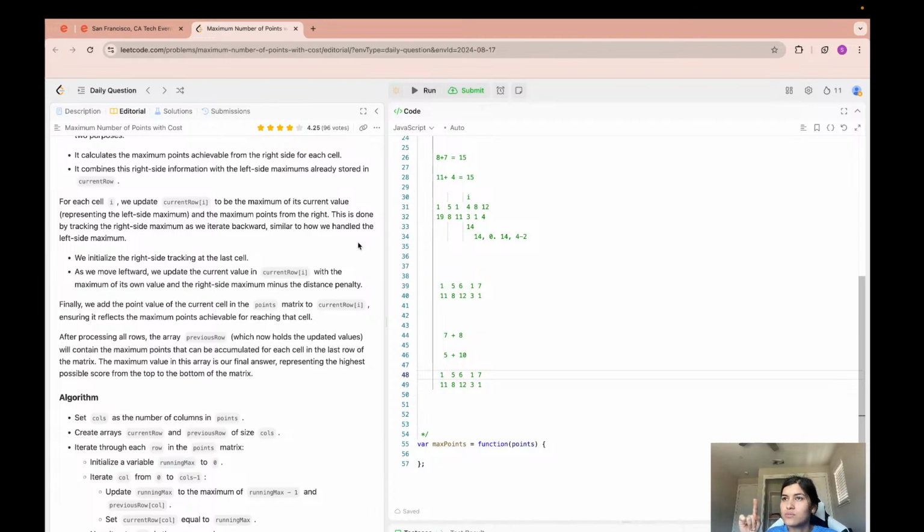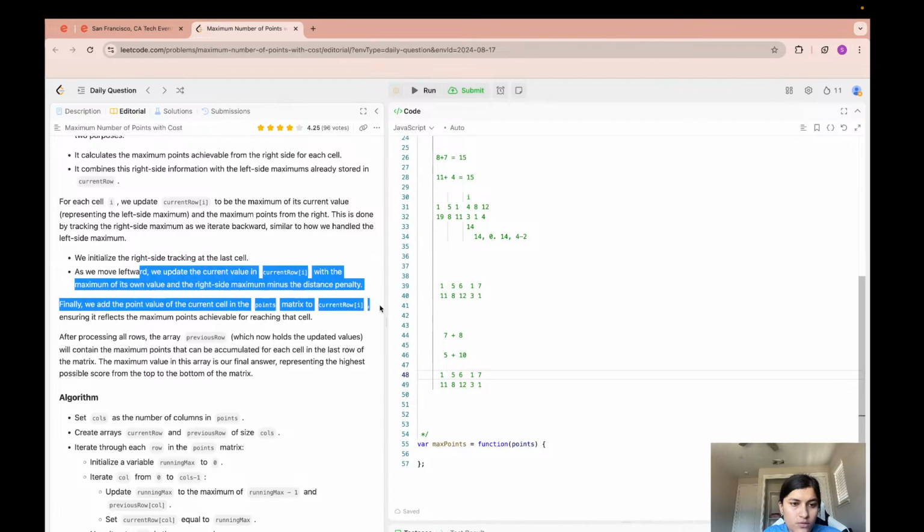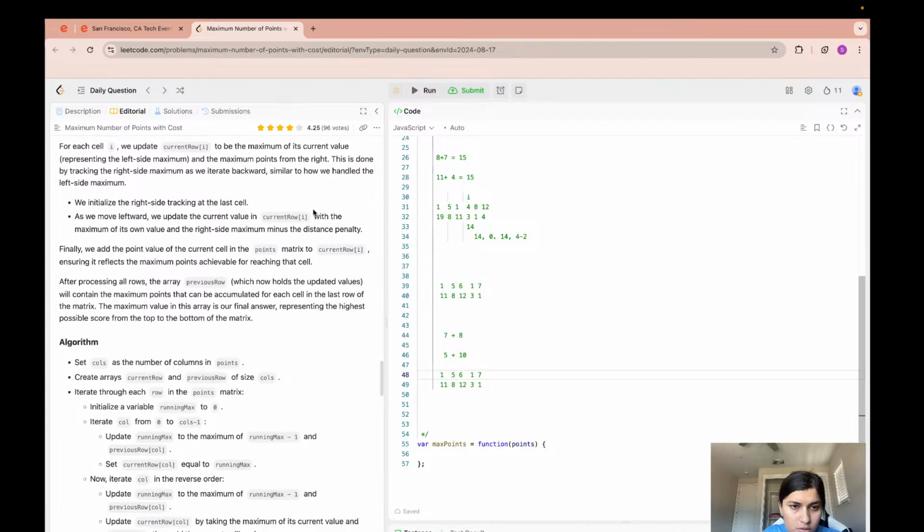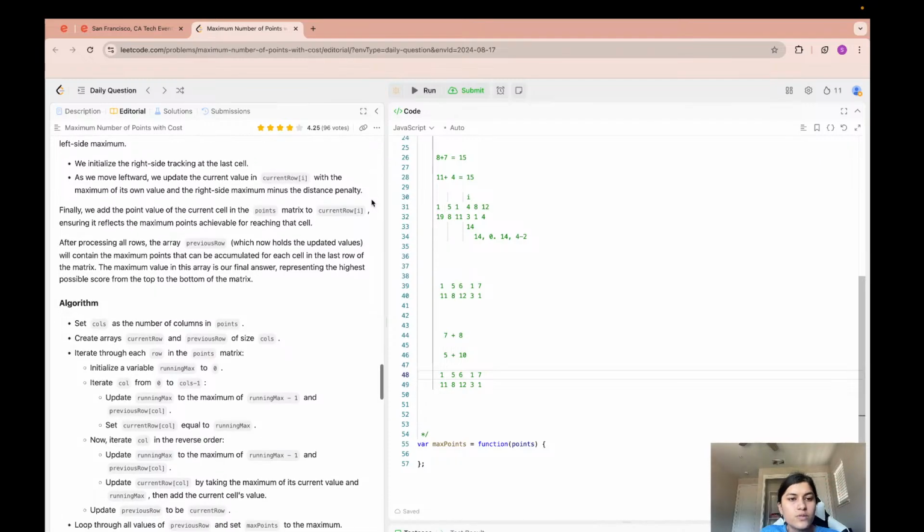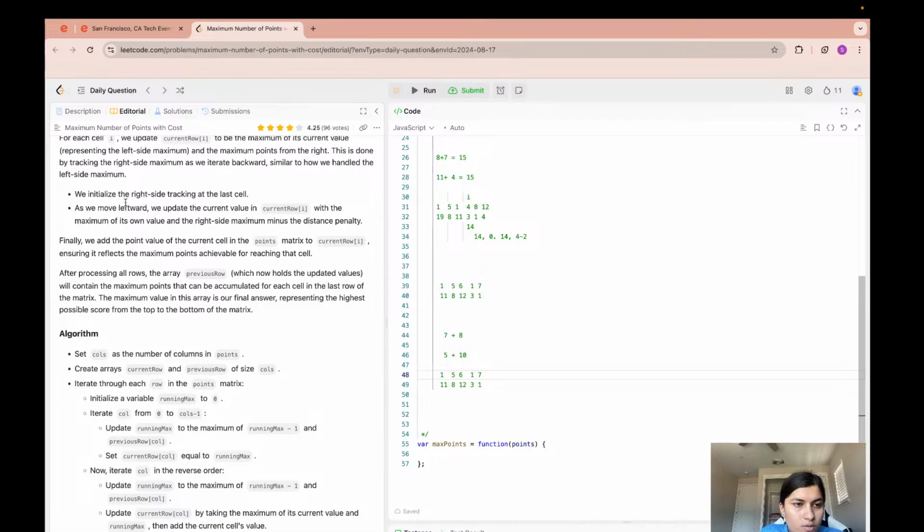Like, I need to go from left, right, left, right. We initialize the right tracking at the last cell, and as we move leftward, we update the current value in current row i with the maximum of its own value and the right side maximum as it stands.